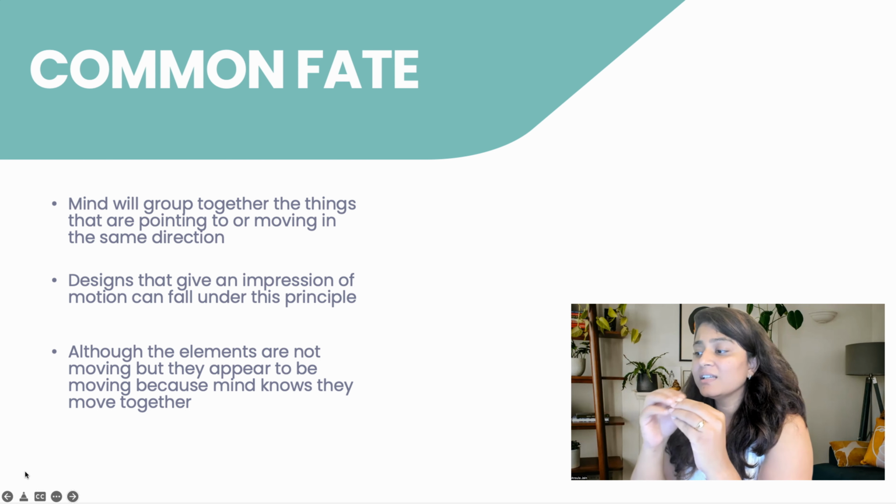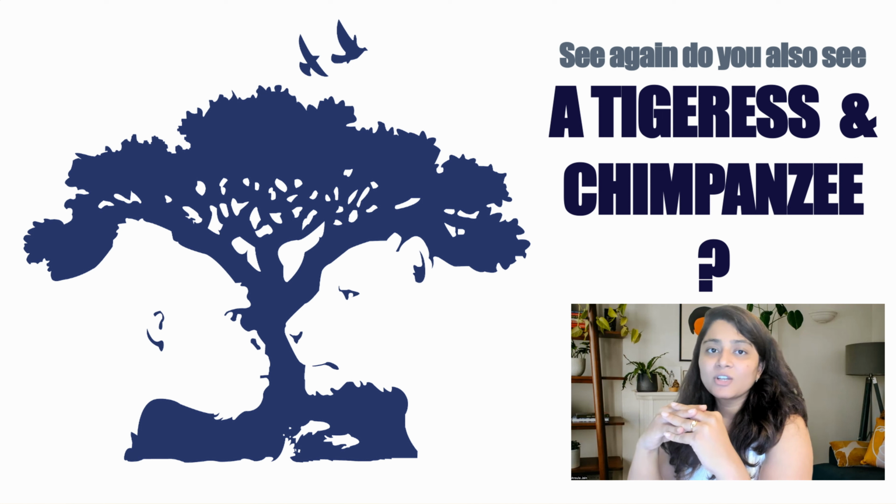So whatever is the smaller area is considered as the figure, and the larger area is considered as the ground. The best example that I showed to you was the second example of the tree witch, where you could see so many different things in one image. There was a black and white contrast, which gave this image the figure and ground principle's objective.